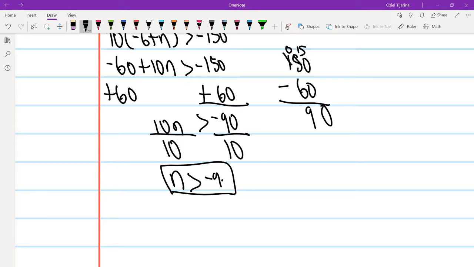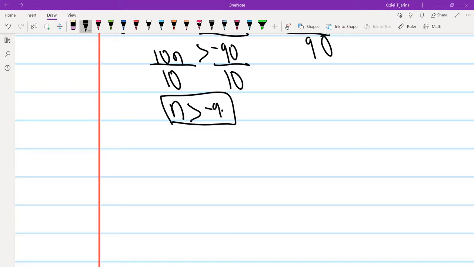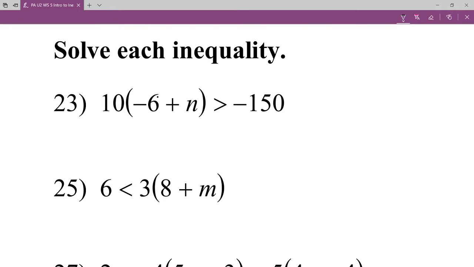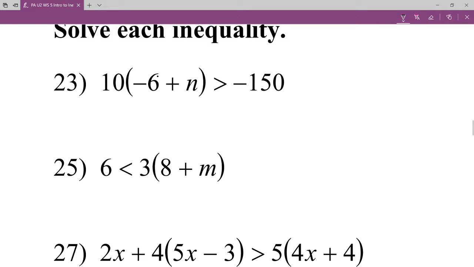If this number were negative, it would have flipped over, but it's not. So this one would be n is greater than negative 9.